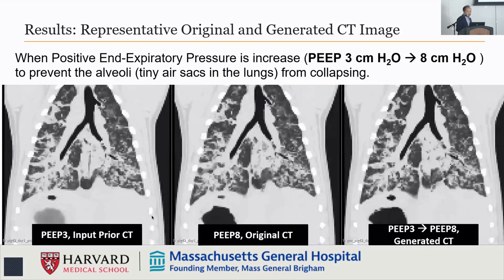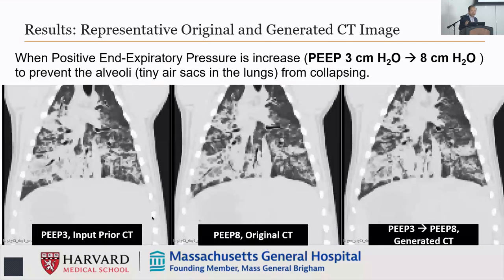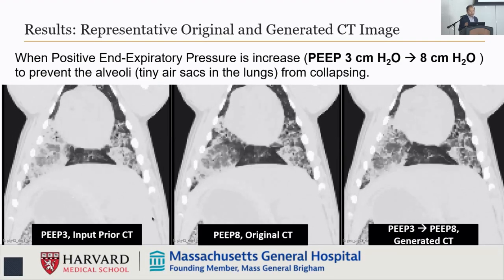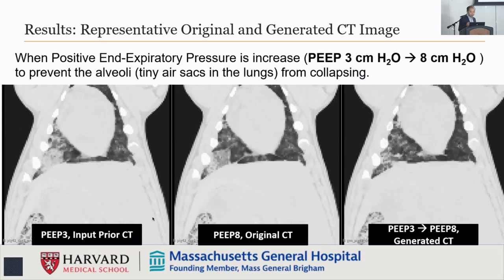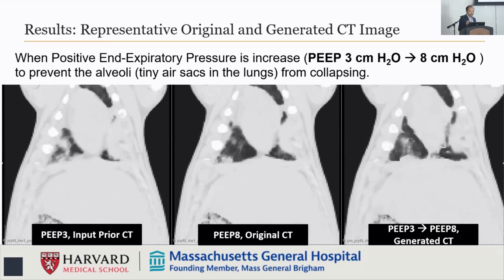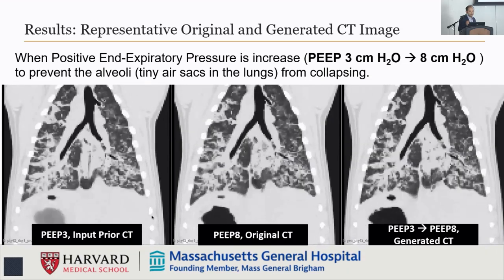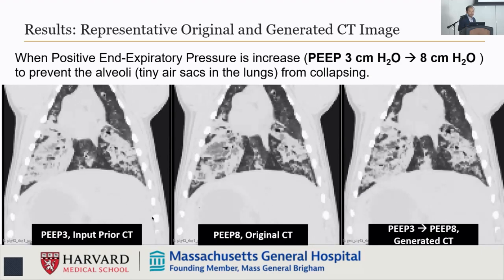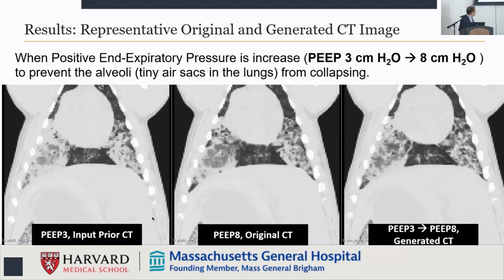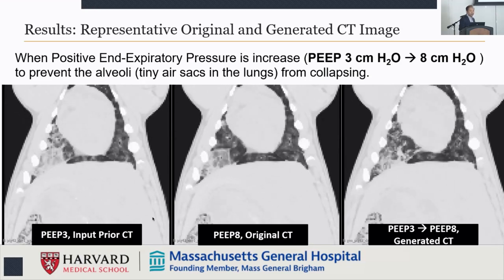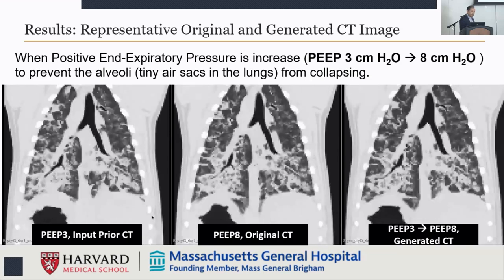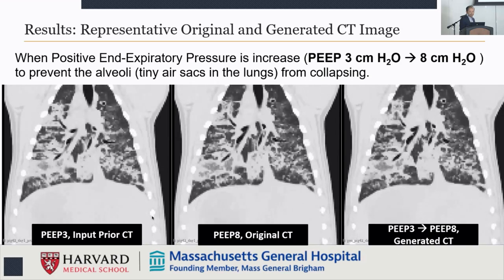So for example, in this case, you add pressure to the lung, right? The pressure goes from 3 centimeter water to 8 centimeter water. On the left, the image shows the input prior image, before we introduce this animal model of ARDS.